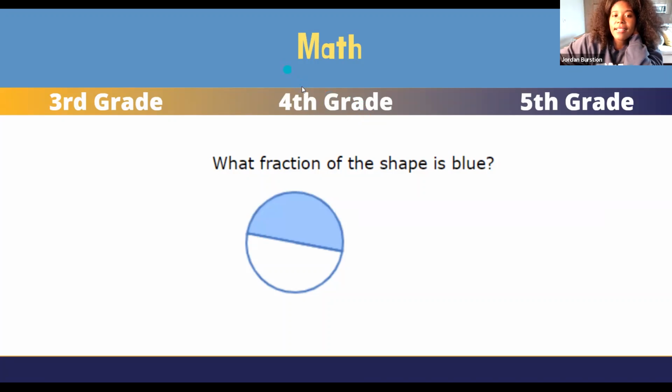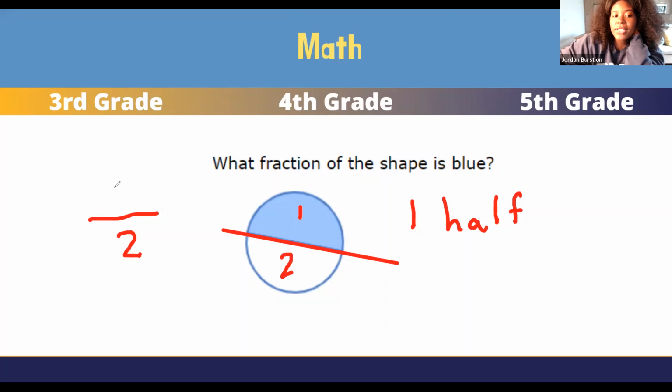You see they've divided the shape into 2 halves, or 2 parts, and they shaded in half of it. So you could say 1/2, or you could write it out in a fraction. We have 2 parts, and we shaded in one of those 2 parts. Right?